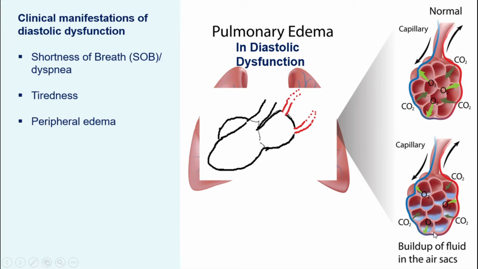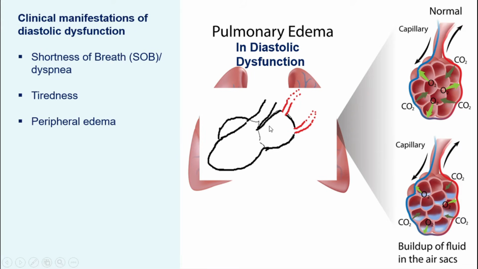Increasing pressure at this level causes interstitial and alveolar edema, which we call pulmonary edema. In pulmonary edema, oxygenation is disturbed, and all these changes are detected by baroreceptors and chemoreceptors, which send signals to the brain and cause the patient to feel shortness of breath or dyspnea.